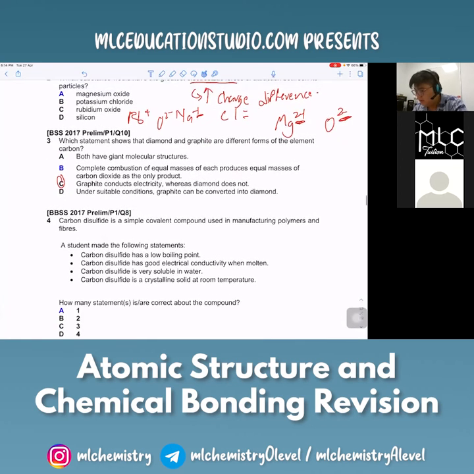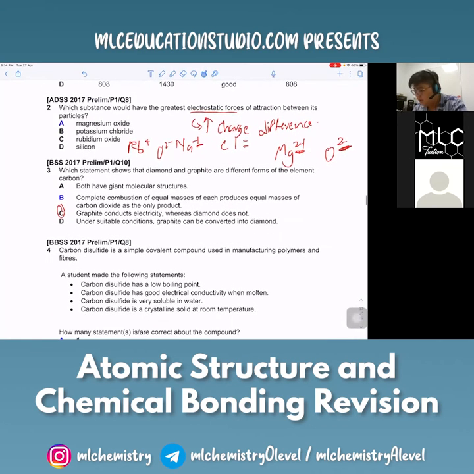Okay, then for question 3, which statement shows that diamond and graphite are different forms of the same element? Put C. This option doesn't say that they are of the same element, because graphite could be metal, you never know, while diamond could be carbon only.